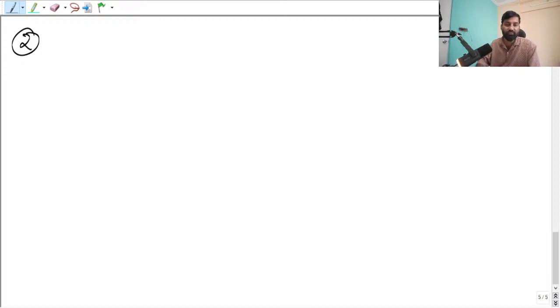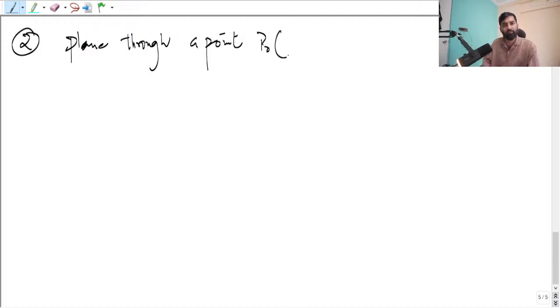But now let us take a different problem: a plane through a point, P naught. They are not saying plane through the origin. Now they are saying plane through a point.